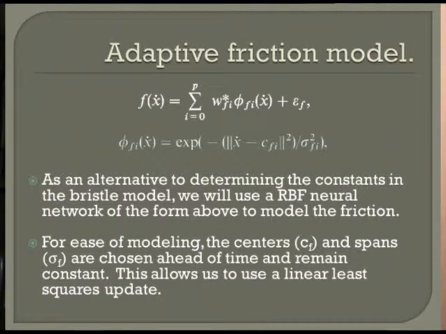They're chosen so that they overlap along the span of the potential values for the friction, so that we can use a quick linear least squares update and not have to do a line search or one of the other methods.